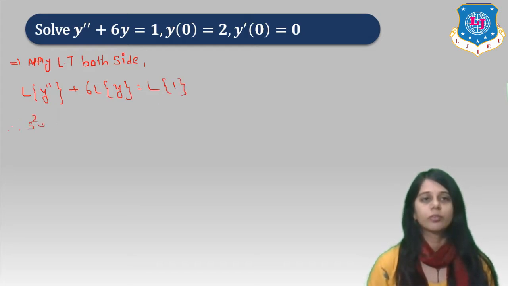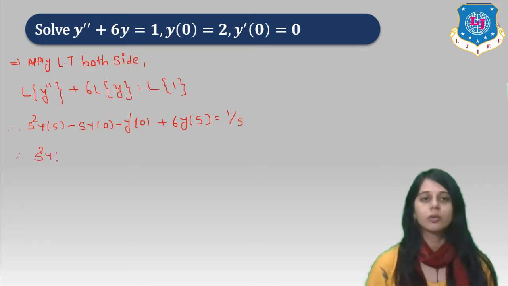S square Y of s minus s y of 0 minus y dash 0 plus 6 Y of s equal to 1 by s.